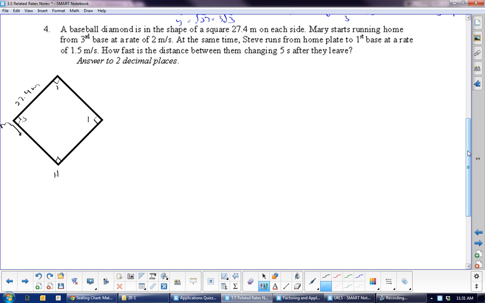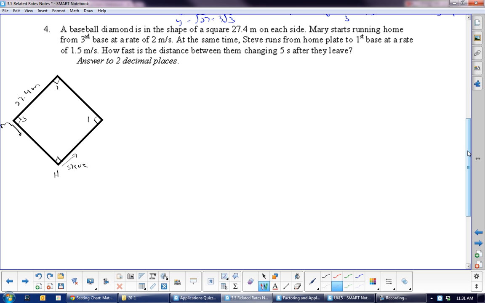Let's just figure out what's going on. And then we've got Steve. He hits the ball and he's going to be running at 1.5 meters per second. How fast is the distance between them changing?